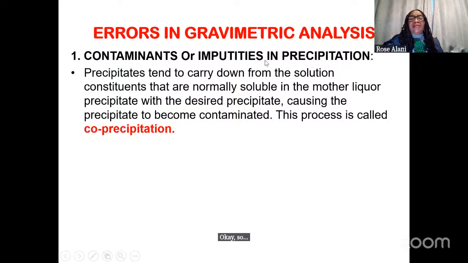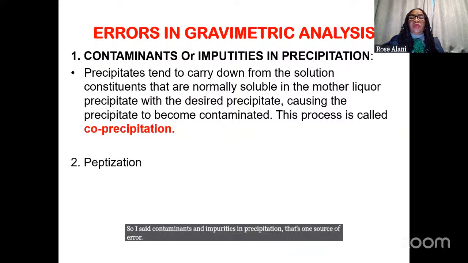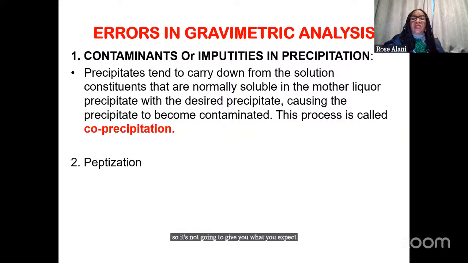So I said contaminants and impurities in precipitation. That's one source of error. It's not going to give you what you expect. It's going to give you higher mass than what you're supposed to have because of the additional impurities. Especially also if you have co-precipitation, other things co-precipitating along with your analyte, that's another problem.